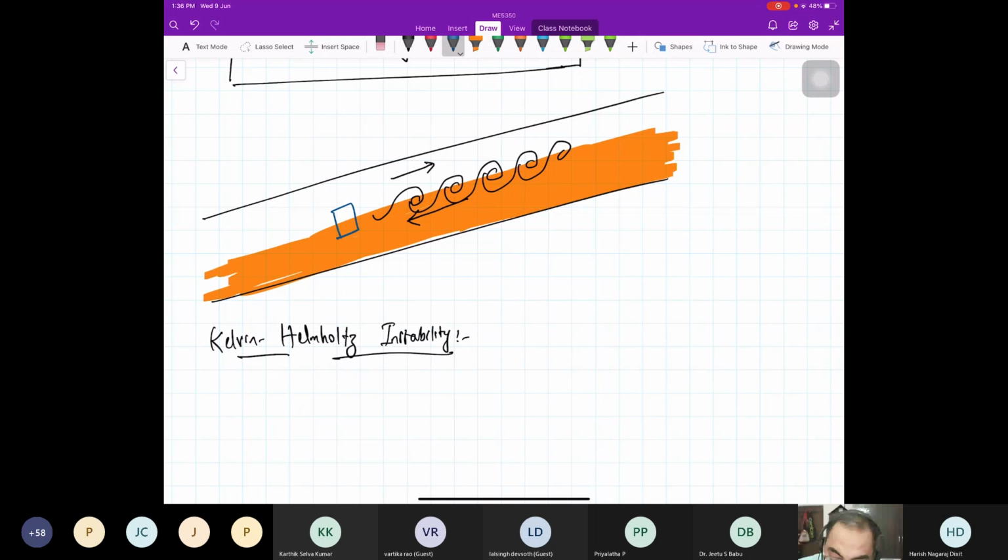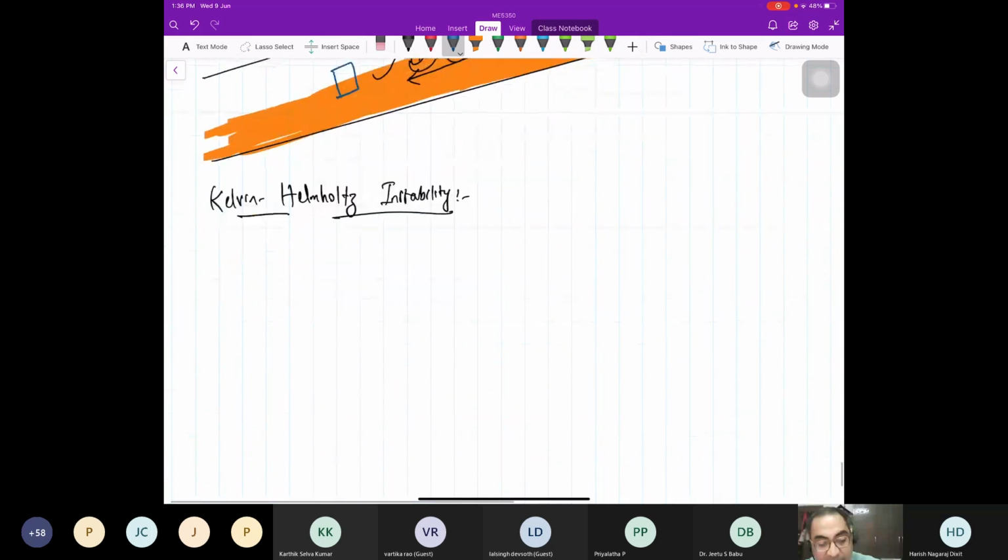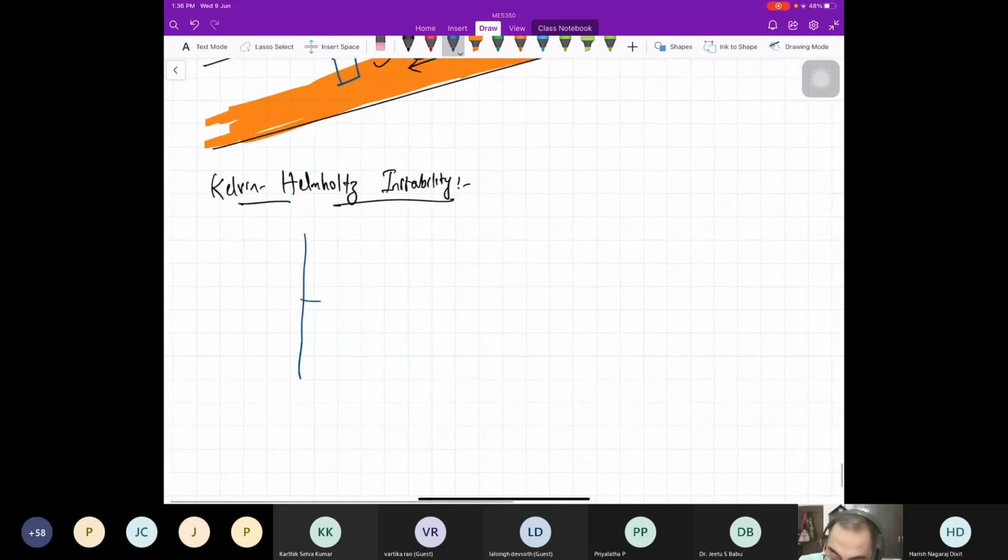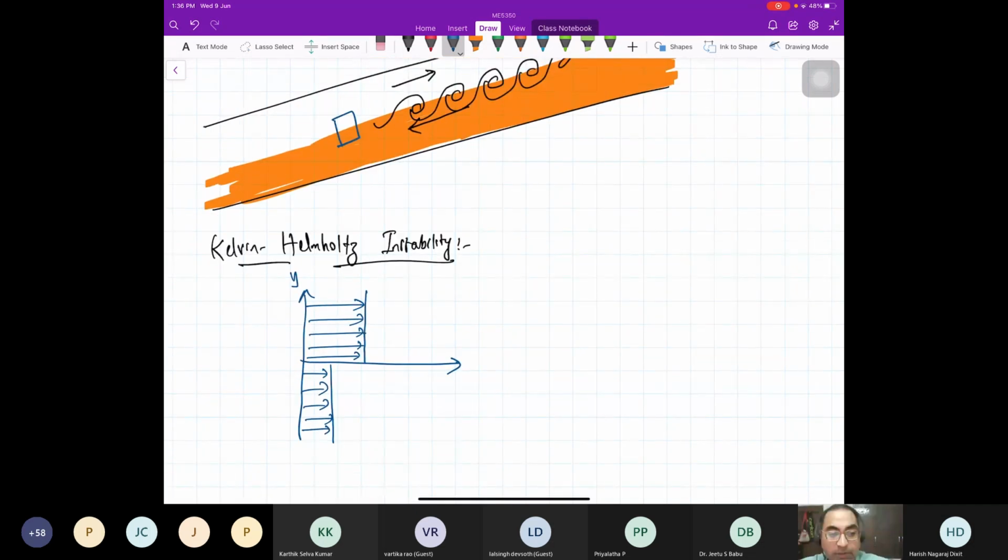I will take a coordinate system where x is along the tilted direction, and y is vertically up. With such a coordinate system, I can define a local velocity like this.